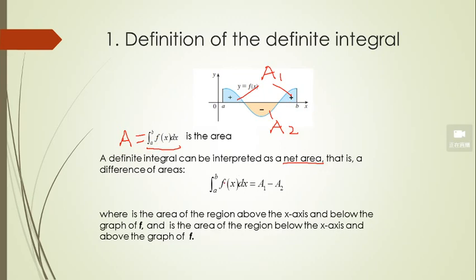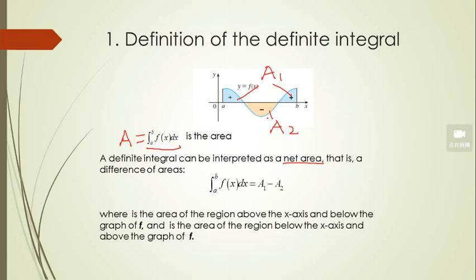So let's continue here. This definite integral is again the area, but here we call it the net area, which should be A1 minus A2. So if we have the area below the x-axis, we put the sign as negative. And if we have the area above the x-axis, we take this part as plus.